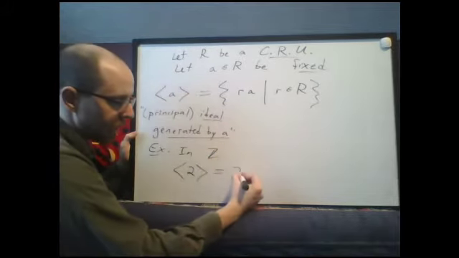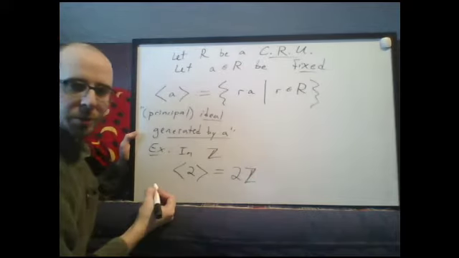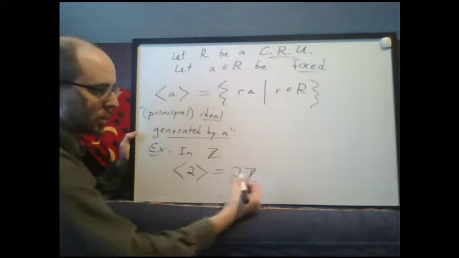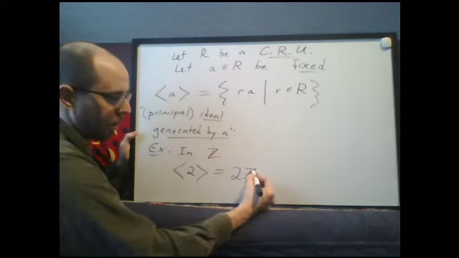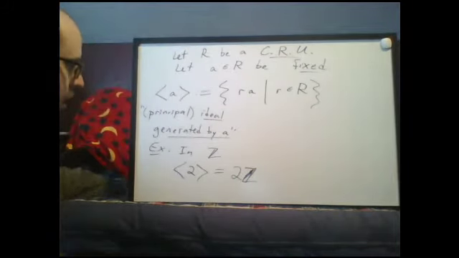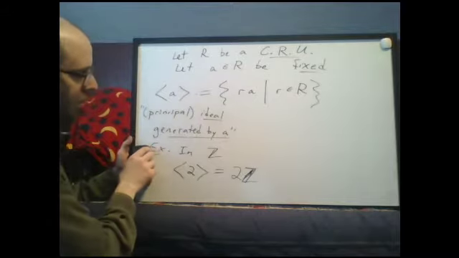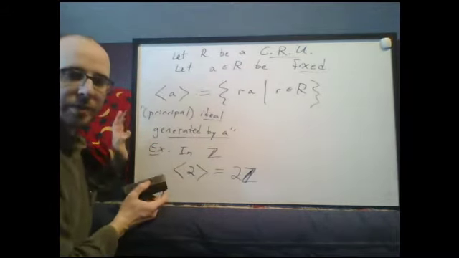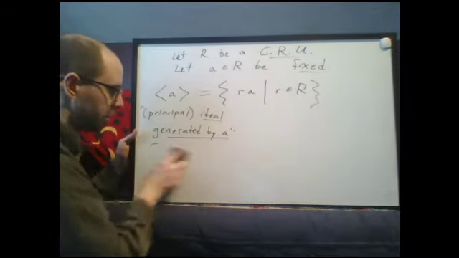So this would be exactly the even integers that we were calling 2Z before. That's just an example. This is a generalization of this even integer business to other commutative rings.